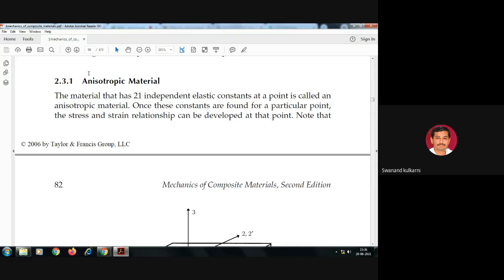But in anisotropic material, it never happens that all 36 elements are required. Though the material is anisotropic, only 21 independent elastic constants at a point are required, and then we can consider this material an anisotropic material. Is it okay? The type of material for which we require 21 independent elastic constants to define it is called anisotropic material. Then once these constants are found for a particular point, the stress and strain relationship can be developed at a point.